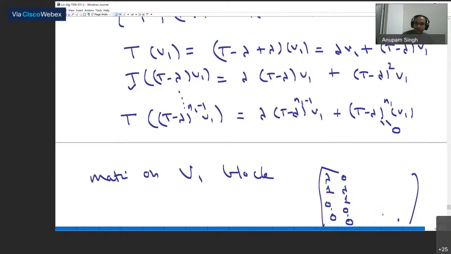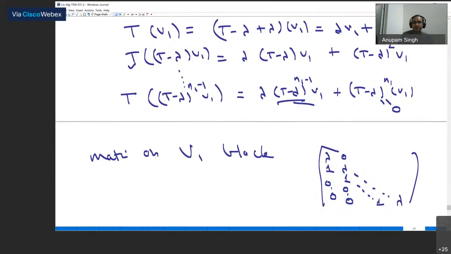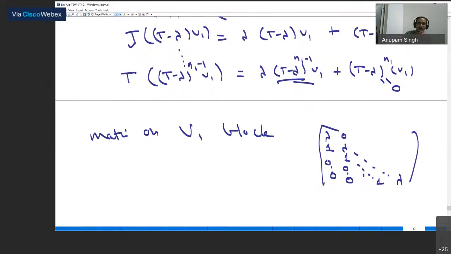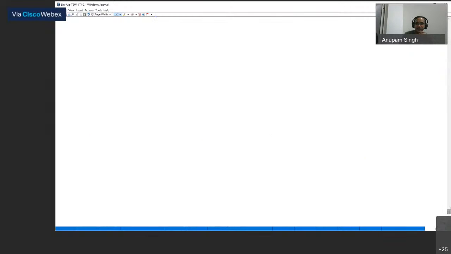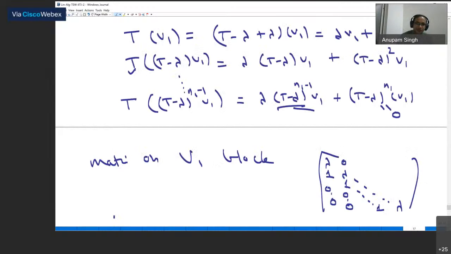So on the diagonal I keep getting lambda, below the diagonal I keep getting 1, and the last one gives only lambda. So this is the Jordan matrix. Although I have got the lower triangular form, you can reverse the order of the basis and you will get the upper triangular form. It's not much difference. So we get the Jordan matrix.